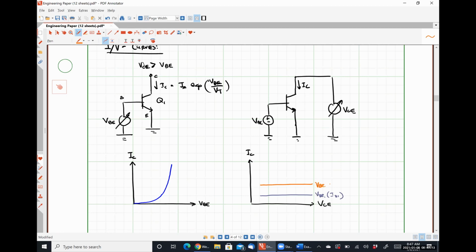This curve corresponds to VBE2 with a bias current of IB2, and up here will be VBE3 with a bias current of IB3, where VBE3 is greater than VBE2 is greater than VBE1.